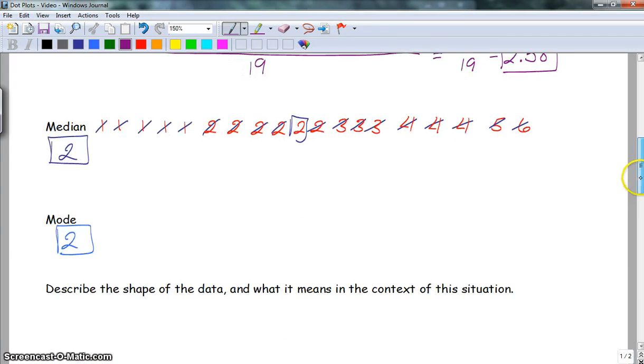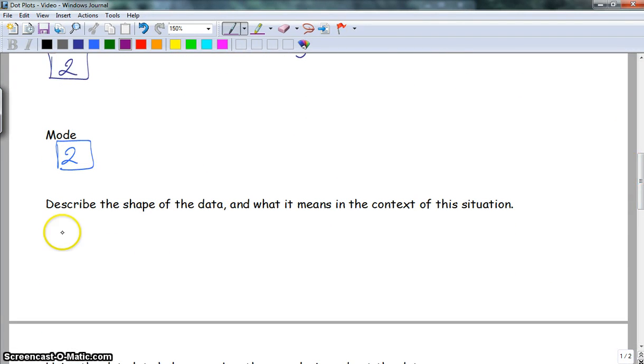So in answering this question, to describe the shape of the data, I would say the data is skewed right.